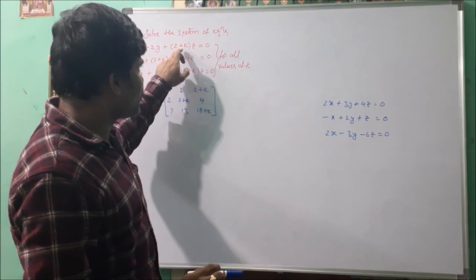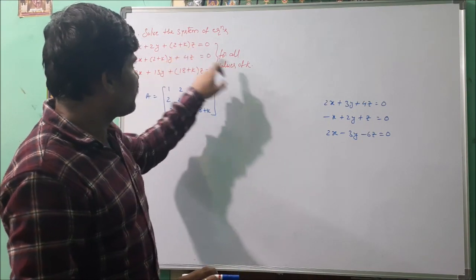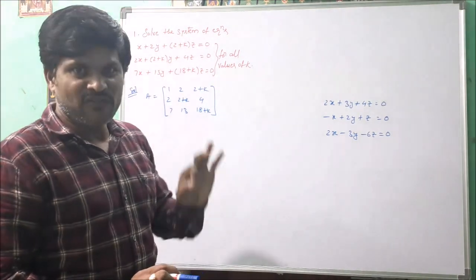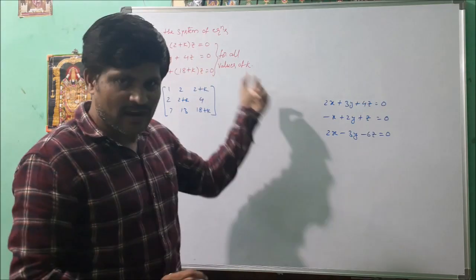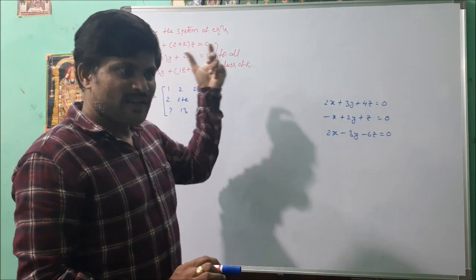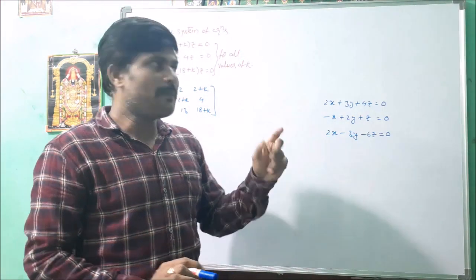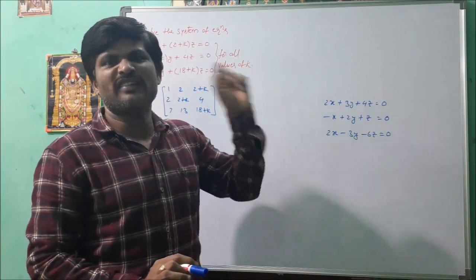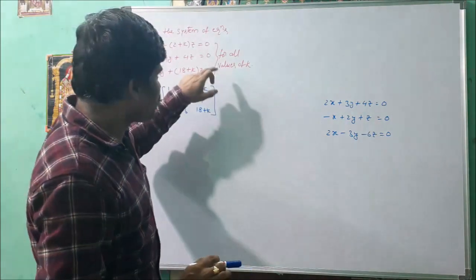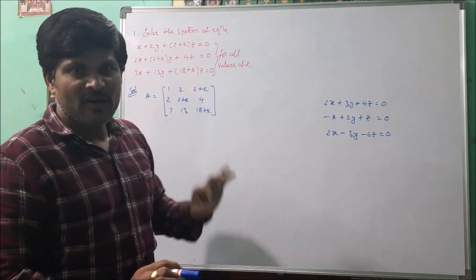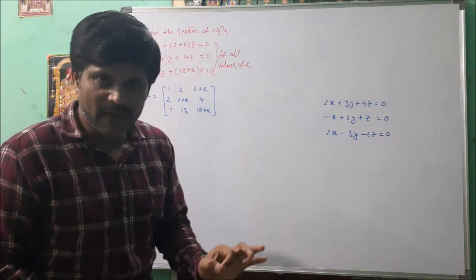Now here the coefficients of the variables contain some scalars. First of all, find the values of the scalar. The system has a trivial solution or non-trivial solution depending upon the values of the scalar. In this problem the scalar is k. First we find the values of k.